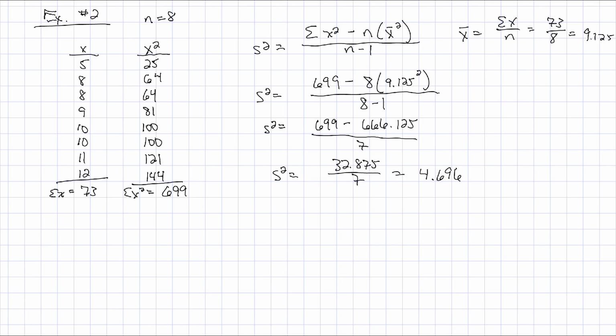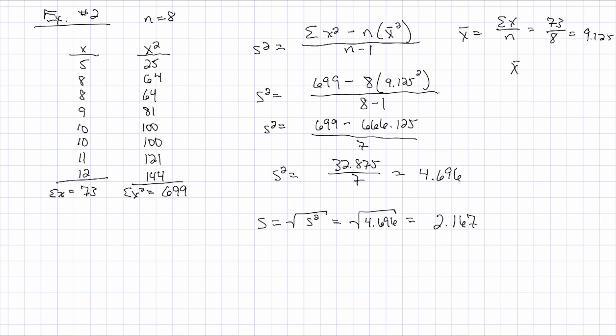4.696. Our standard deviation is the square root of our variance, which is the square root of 4.696, which is 2.167. So now at this point we could round.